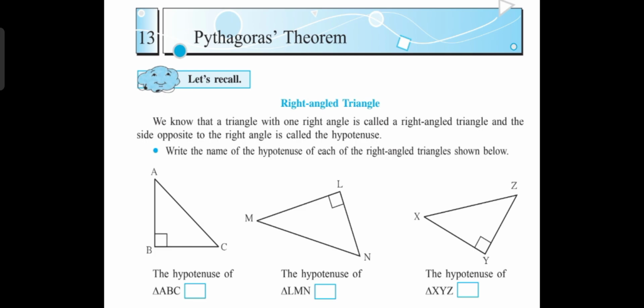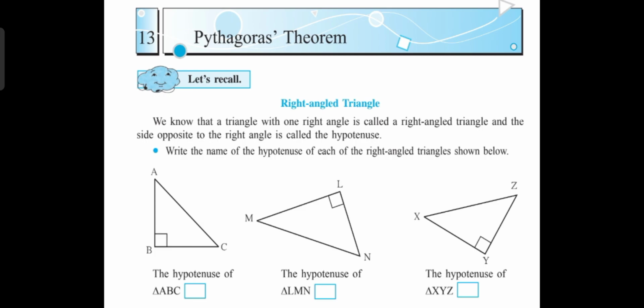Okay, we know that a triangle with one right angle is called a right angled triangle. Now you all are aware, in a triangle if one angle is a right angle, then that is known as a right angled triangle, and the side opposite to the right angle is called the hypotenuse. The side which is exactly opposite to that angle is known as what?